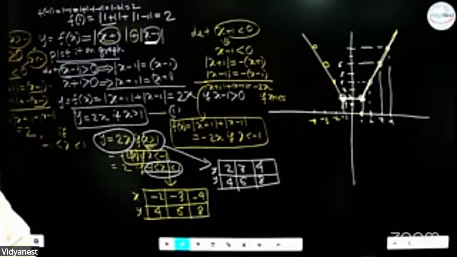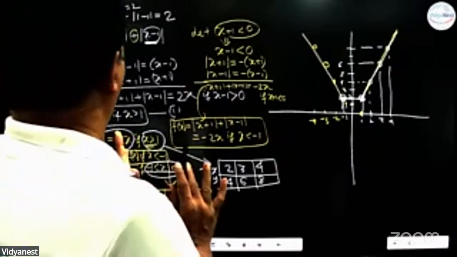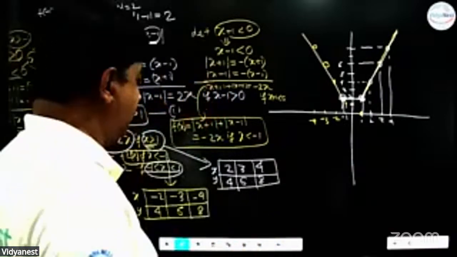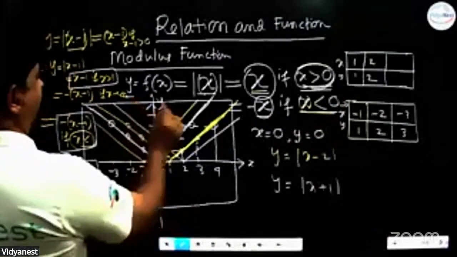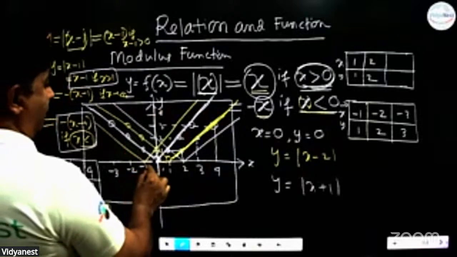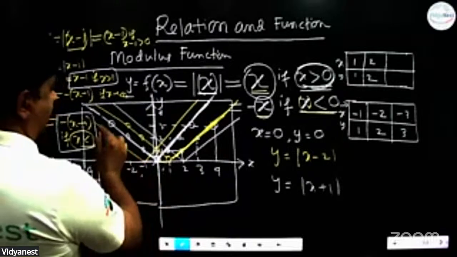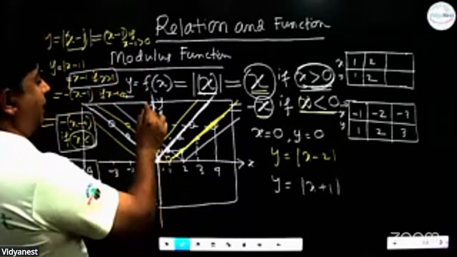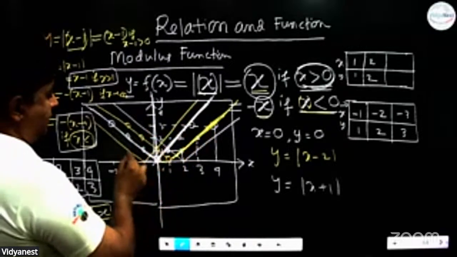Now, one thing we have observed. What we have observed? That if I get y is equal to mod x, then I will get the symmetry with respect to x. You consider y with respect to y-axis. Y-axis is the mirror, and this is the object, this is the image.